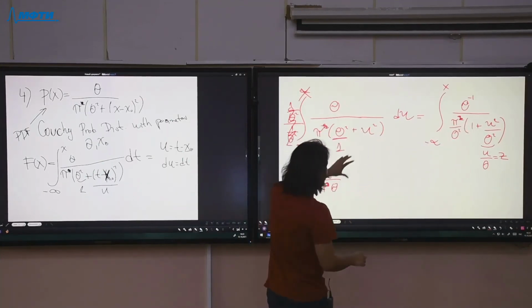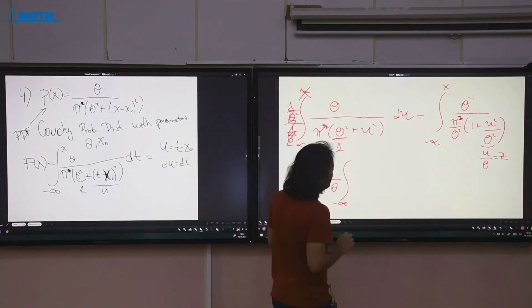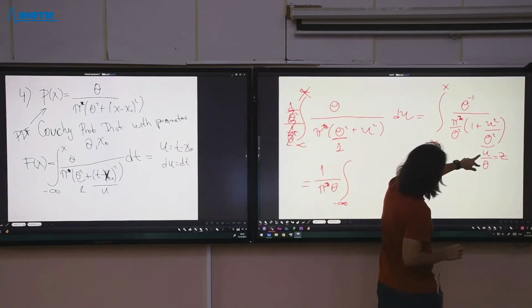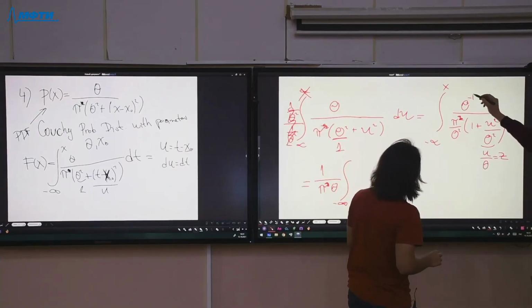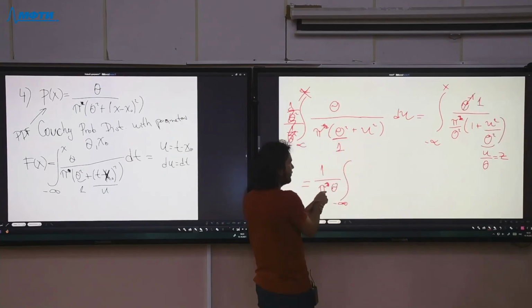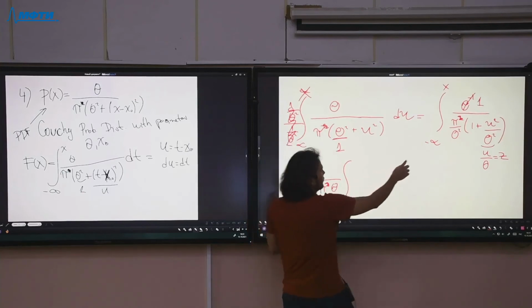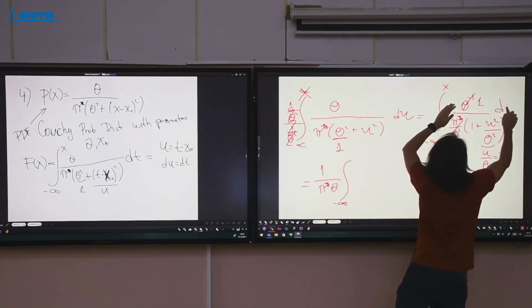So we have this integral from minus infinity, and we are changing this. But can't we also eliminate this by saying it's going to be 1? We already did that. Yes, I agree. So this is gone. Now this is all du.